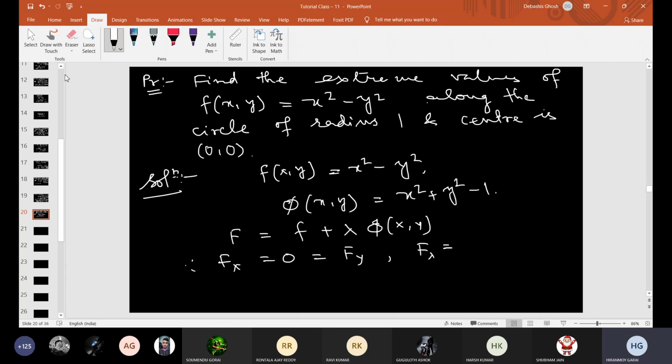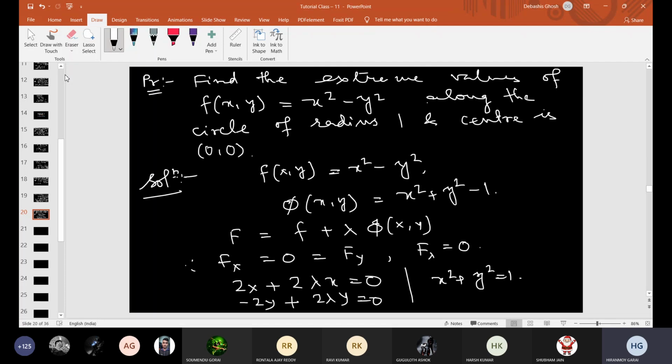So fx equals 0 gives you 2x plus lambda of 2x, that is plus 2 lambda x equals 0. Then fy equals 0 gives minus 2y plus 2 lambda y. And the third one is x square plus y square equals 1.